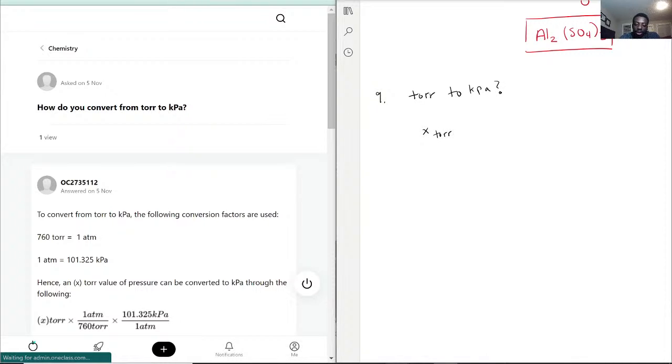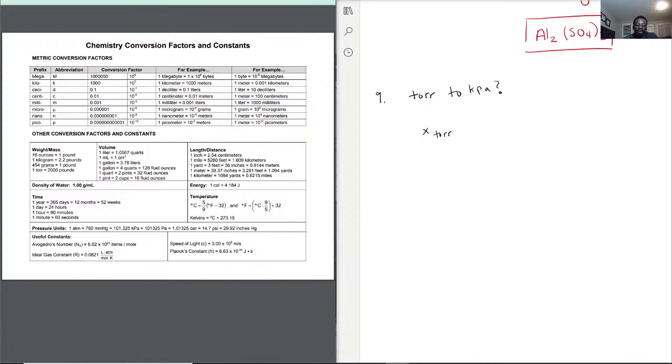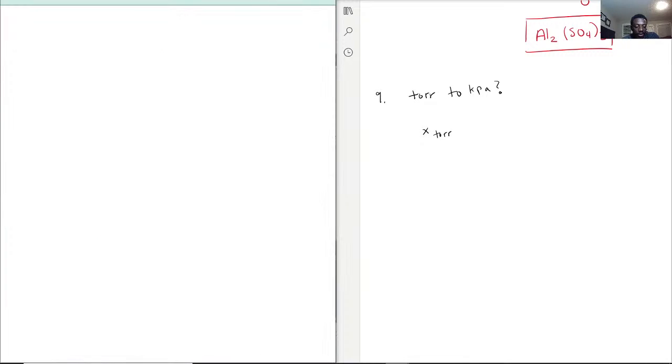Okay. So like we did for the other question, we just go directly to our conversion sheet, and hopefully it has it there. Do I have pressure? Yes, I do. Perfect. Do they have torr? That's a little bit frustrating. Maybe physics might have it.